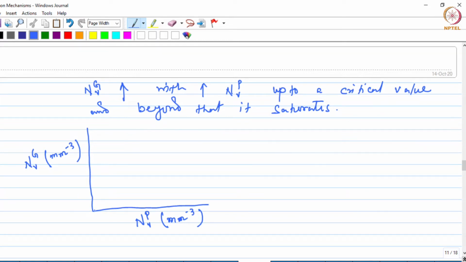As I said, the number of grains will increase with number of particles up to a critical value, and then beyond that it will saturate.